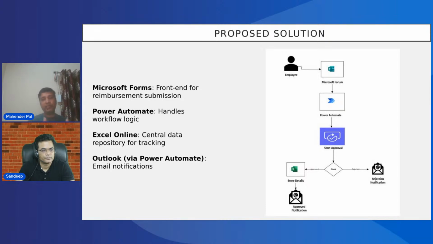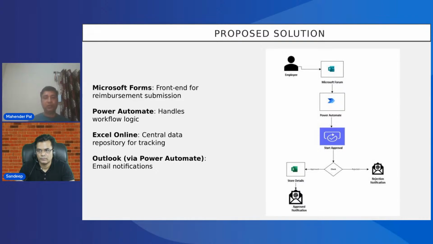Once this approval is done, we are going to collect this information in a centralized location. Here we are using Excel Online, where all the reimbursement records will be stored. Maybe one from you, one from others. All the employees or department people's data will be stored there, so that at any point of time we can create any kind of reporting from that data, or export the data, print it, or send it to a higher manager.